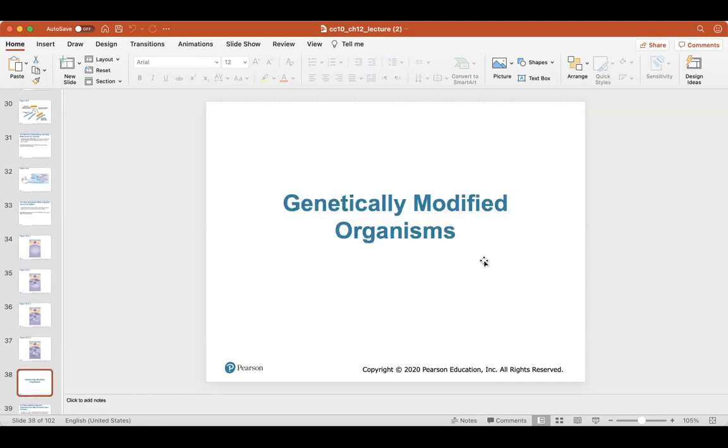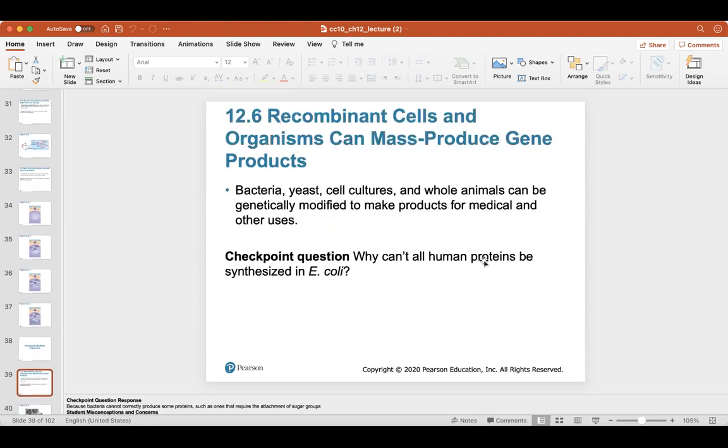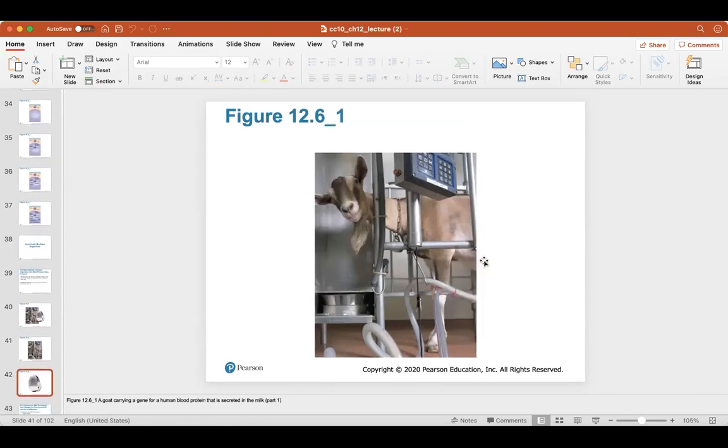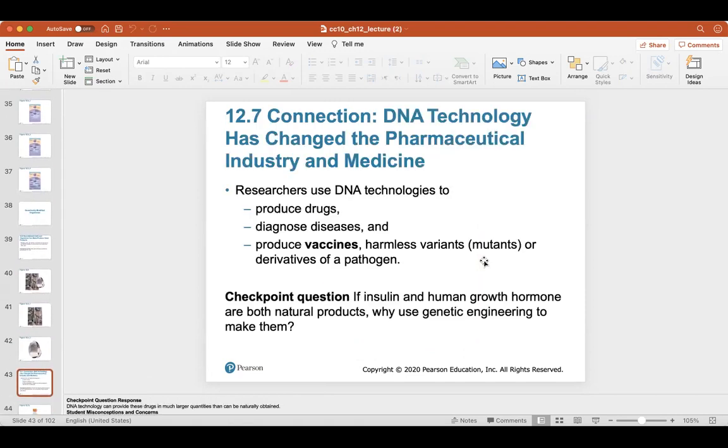Genetically modified organisms, or GMOs, we've heard a lot about. Bacteria, yeast, cell cultures, and whole animals can be genetically modified to make products for medicinal and other uses. So, for example, a goat carrying a gene for a human blood protein that is secreted into its milk is shown here.